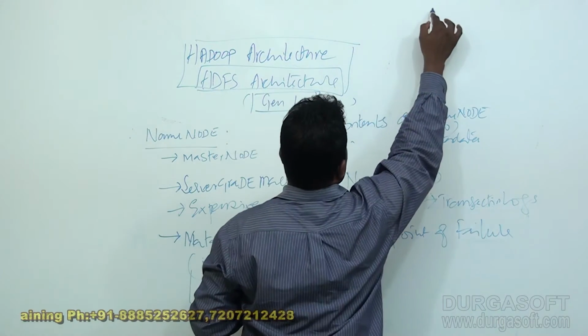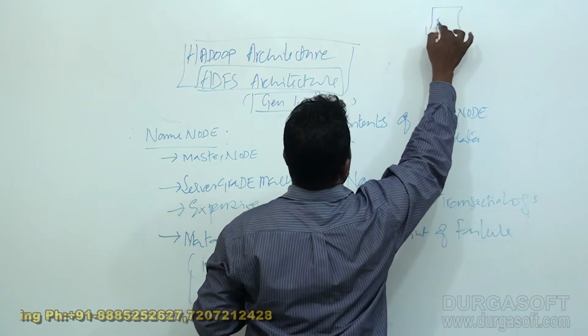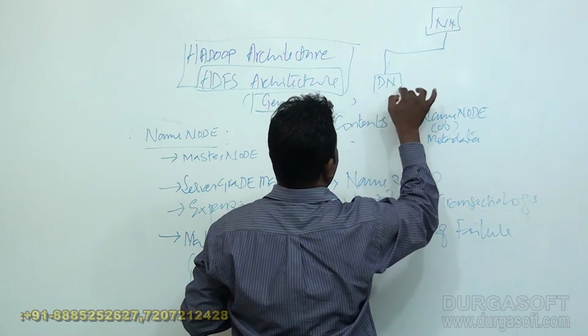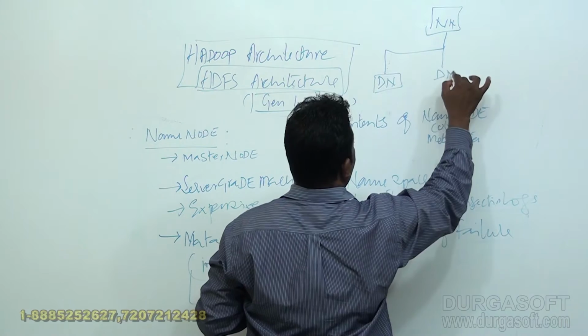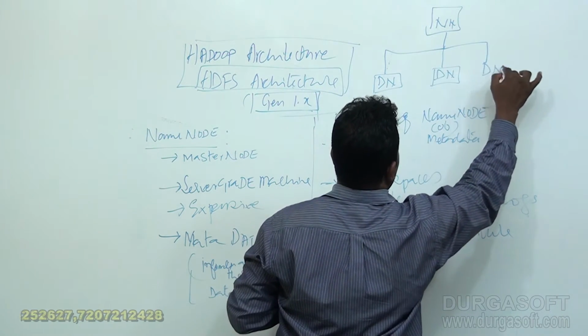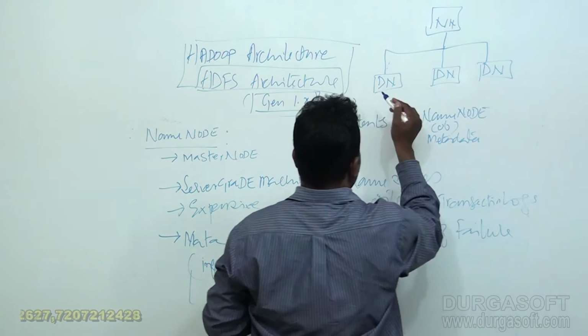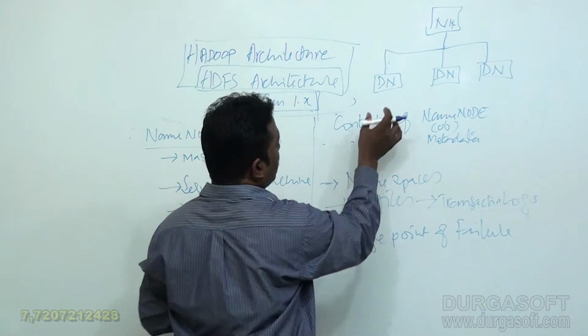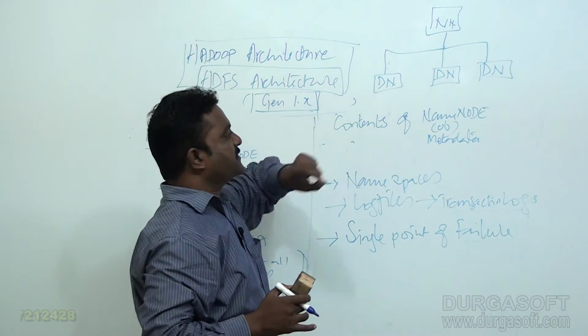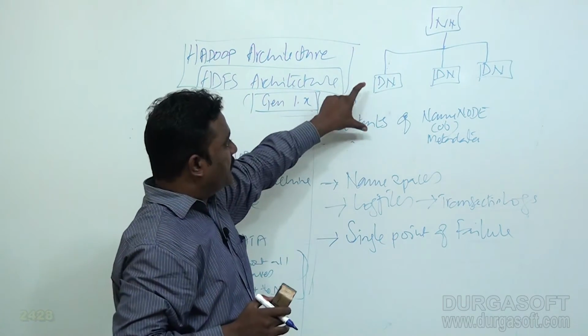So, let us say I have a node here, I am calling it a name node, and I have all the data nodes connected to my name node. Now, if you further extend this diagram, this is only one node. You can have any number of nodes, and that becomes a rack.